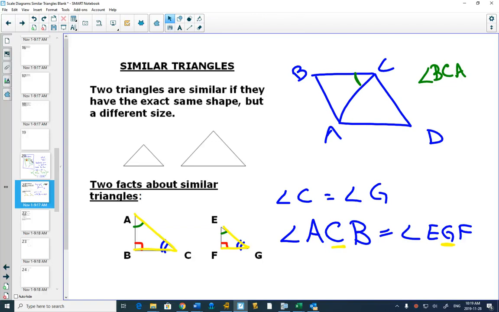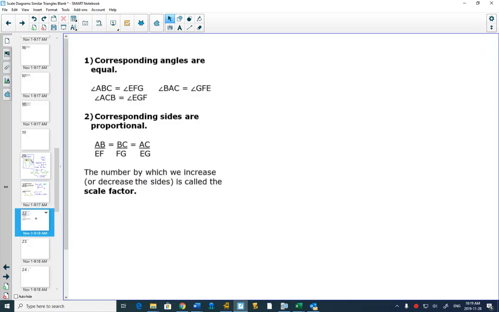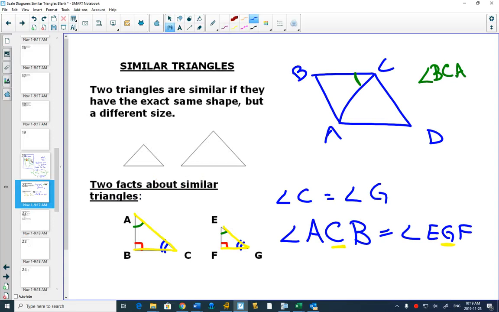So fact number 1 about similar triangles: corresponding angles are always the same. Fact number 2: corresponding sides are proportional. So what does that mean? Well, if I find out the distance from A to B is 4 and E to F is 2, can you see that the bigger triangle is twice as big as the smaller one? So if this side is 3, this side is 1.5.